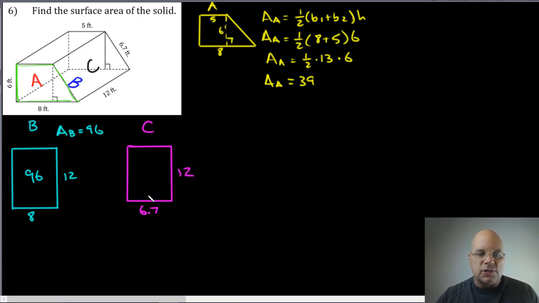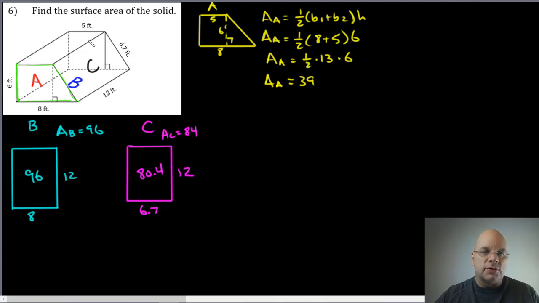So base times height will be 6.7 times 12, or 72 plus 8.4, which is 80.4. So the area of face C is 84.